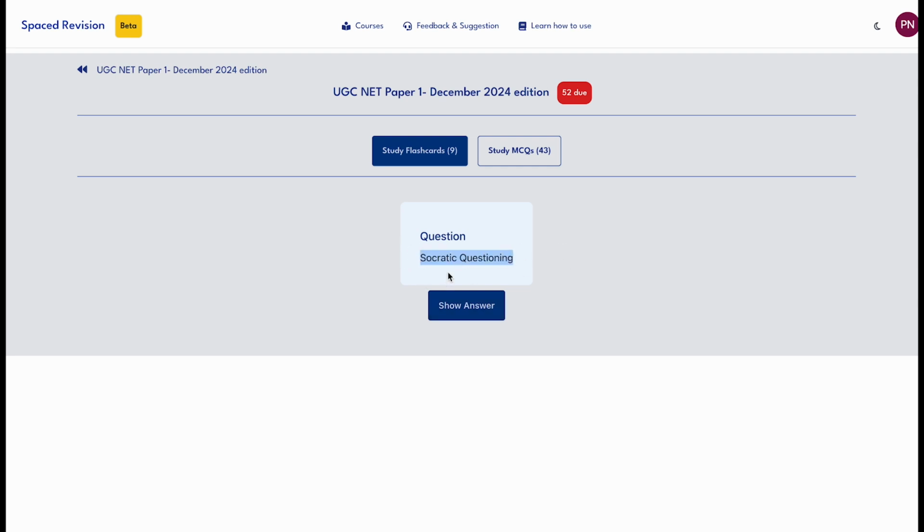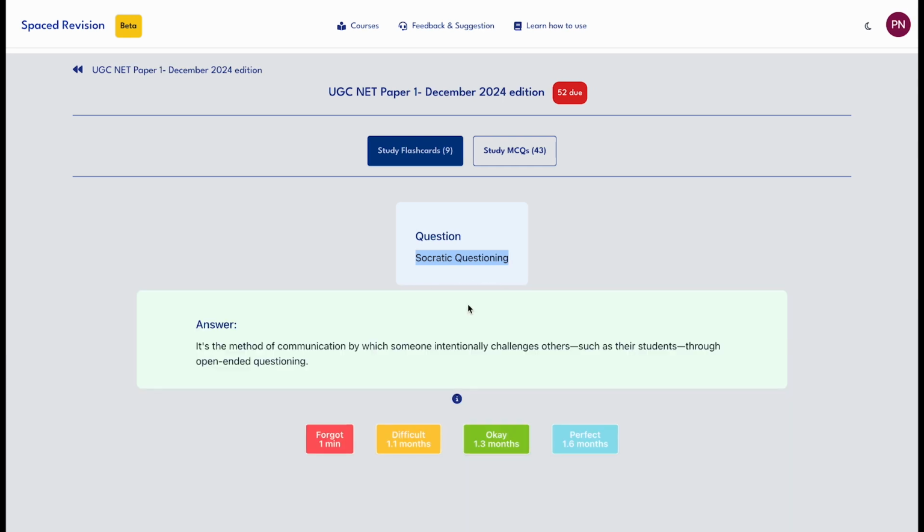What was Socratic questioning? It's open-ended questioning. I know it at the back of my head. Let's do show answer. Yes, it challenges through open-ended questioning. So now I need to remember this only after 1.6 months, because it's in my long-term memory. I know it so well that I don't need to revise it, so my revision is automatically taken care of.